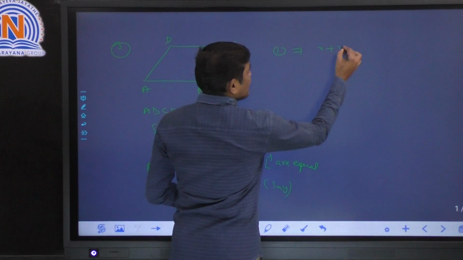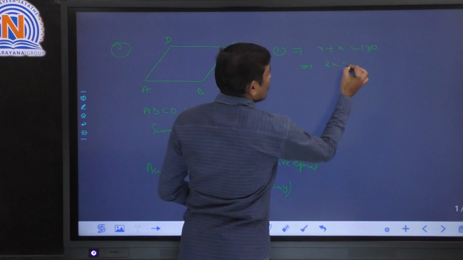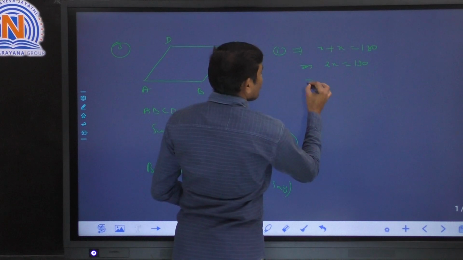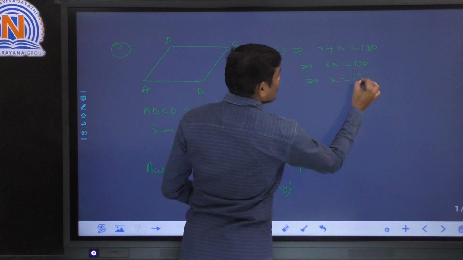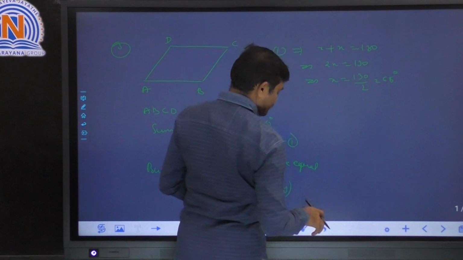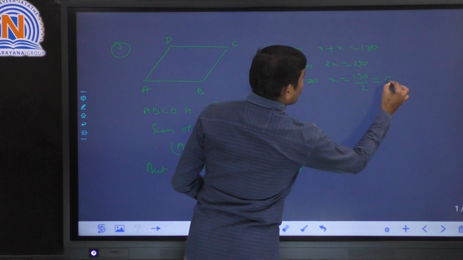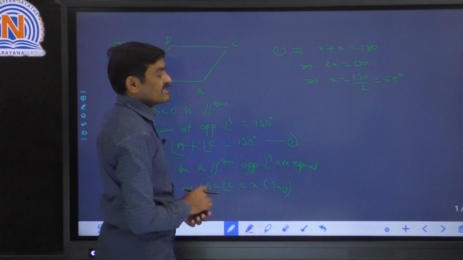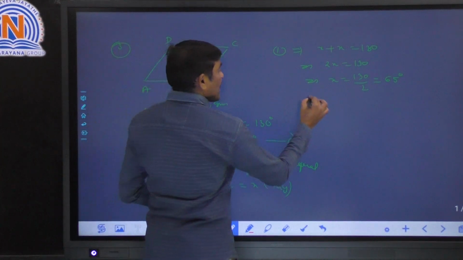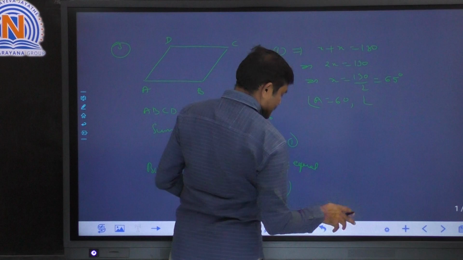So x plus x is equal to 130. That implies 2x is equal to 130, and that implies x is equal to 130 by 2, which is 65 degrees. Which means angle A is equal to 65 degrees and angle C, 65 degrees.